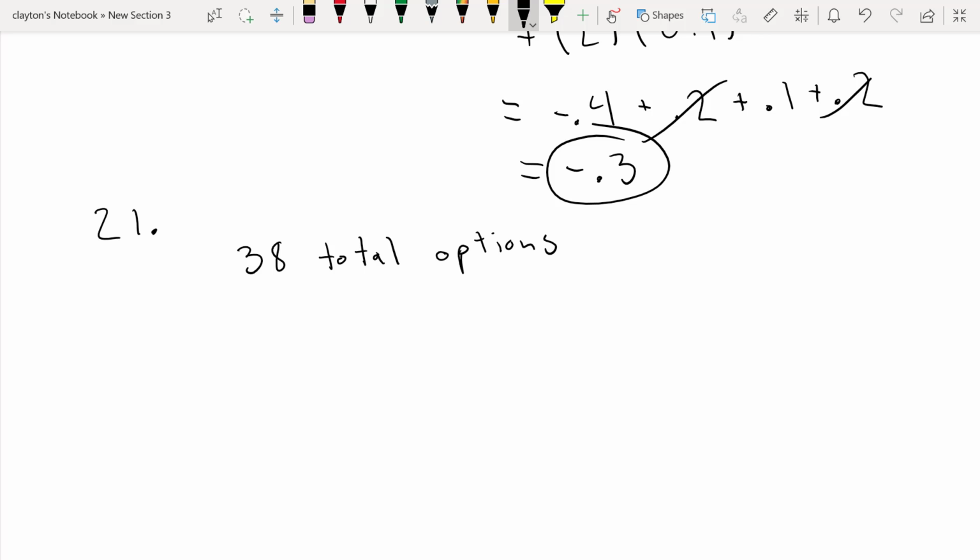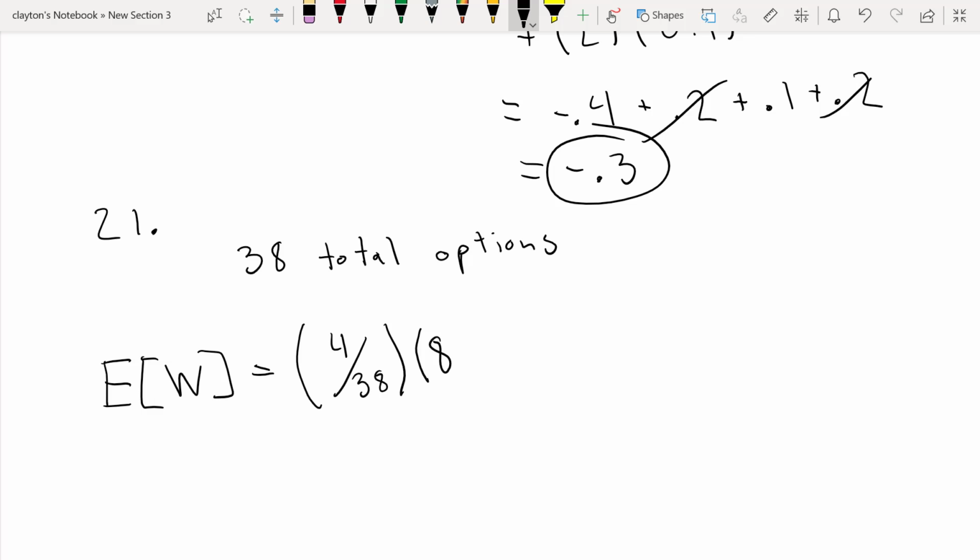Now, the expectation of winning is a little bit different. Right, so expectation of winning, well, if we pick 4 numbers out of the 38, there is a 4 out of 38 chance that we win. And if I do win, I do get the dollar back, but that's not how much I win. I win $8, right? This is how much I win.